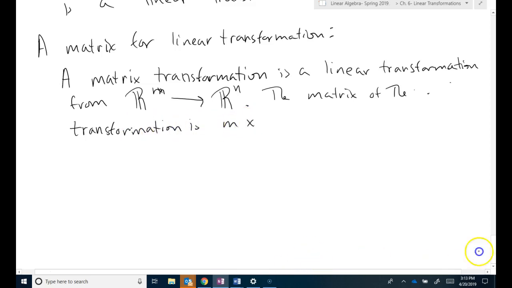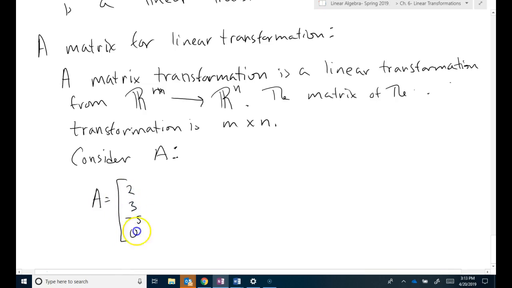Let's look at why. Let's consider A here to be this linear transformation. We already know it's linear. We proved that inside of the last video. So A will equal 2, 3, negative 5, 0, 1, negative 1, 3, negative 4.